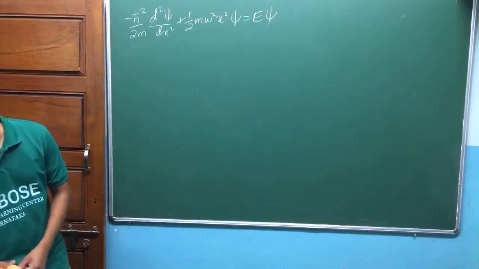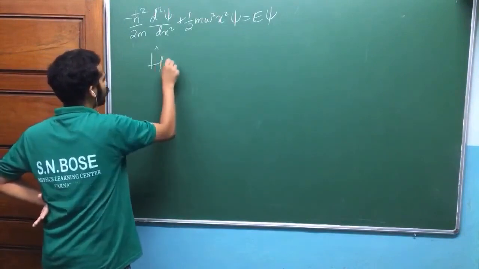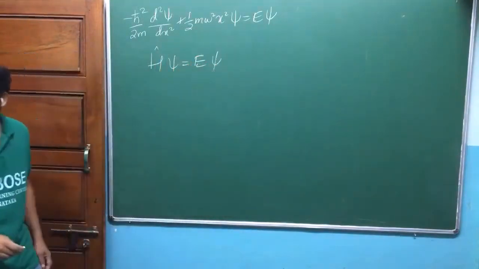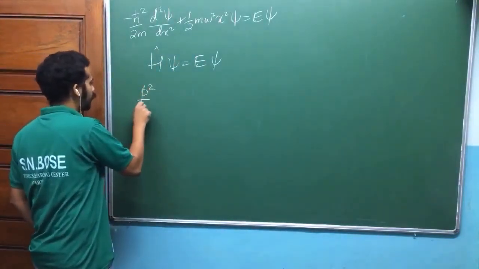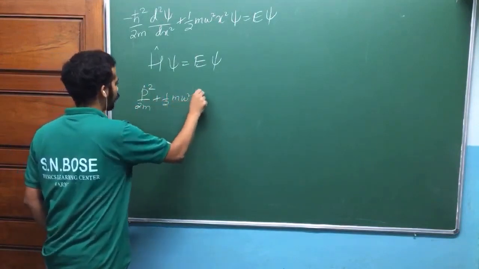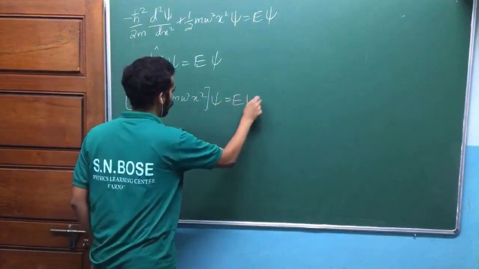We need some practice. Now what we do is, again I'm going to imagine this as H cap psi equals E psi, where H cap I can write as p cap square by 2m plus half m omega square x square, operating on psi equals E psi. Just check it out.